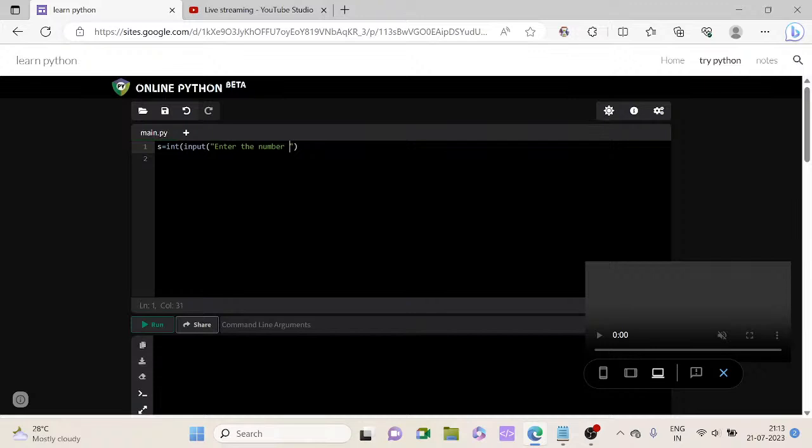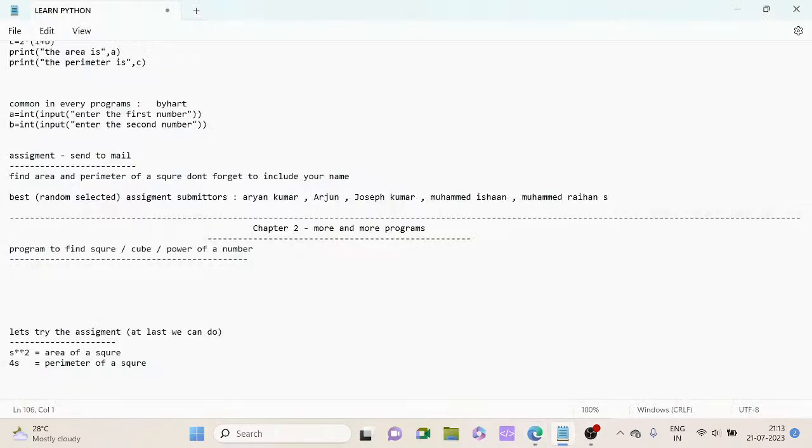So no need of the second line, because we don't need a second number. Only the first number is needed. So what does square mean? You know what square means. Square means A into A.